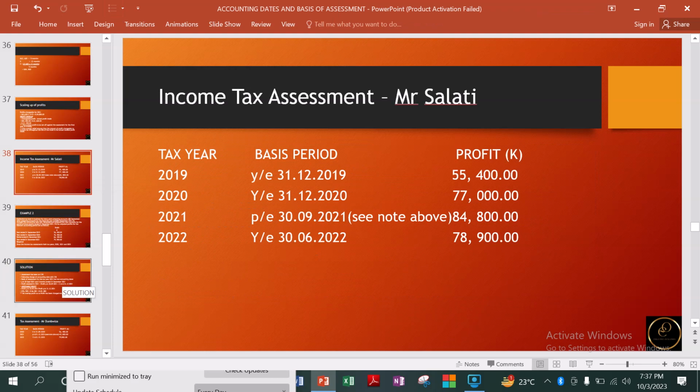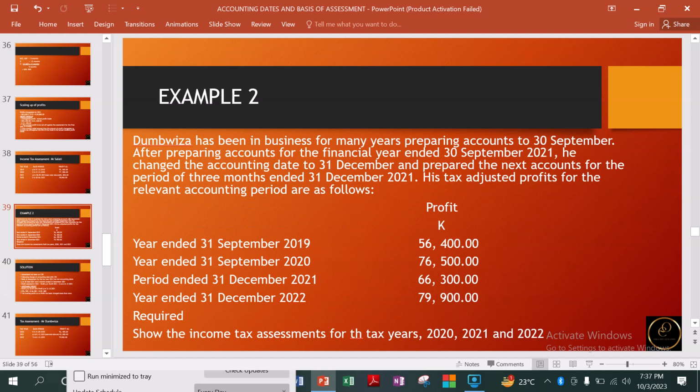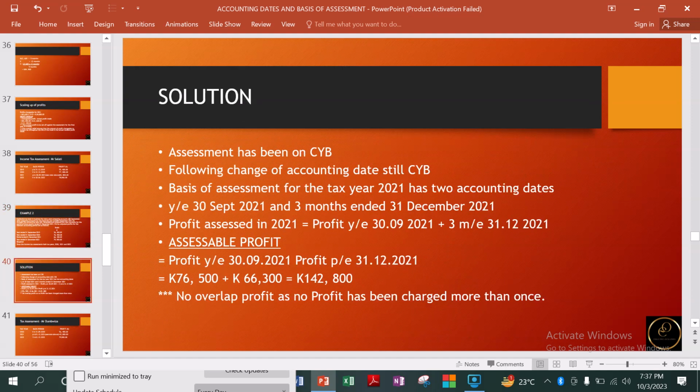Let me just show you from the example: 76,500 plus 66,300, meaning that we have a total of 142,800. There is no overlap profit, as no profit has been charged more than once. Once we have established that, we go on to look at the assessment table.